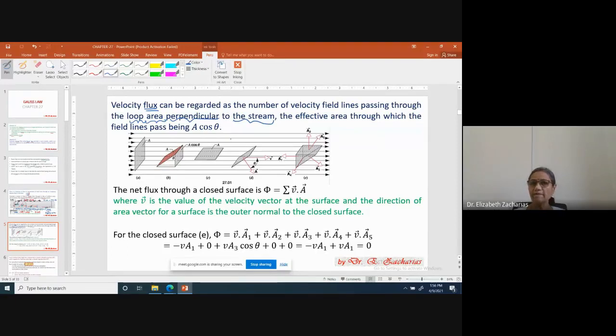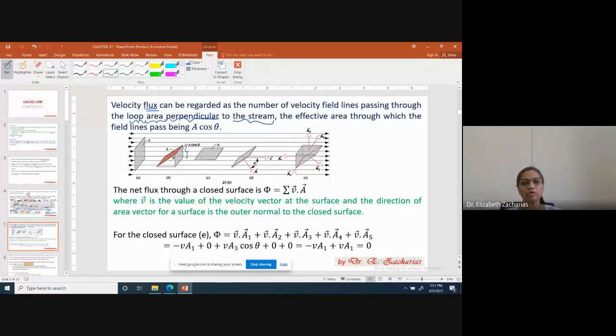Look in the first picture, the entire area is perpendicular to the stream. So you can see how many lines cut through. Now go to the next picture, you have bent the area. Now this is the effective area available. There's nothing different from what I showed in the previous slide. In the previous slide, it was a two-dimensional picture. Here it is three-dimensional. That's all.